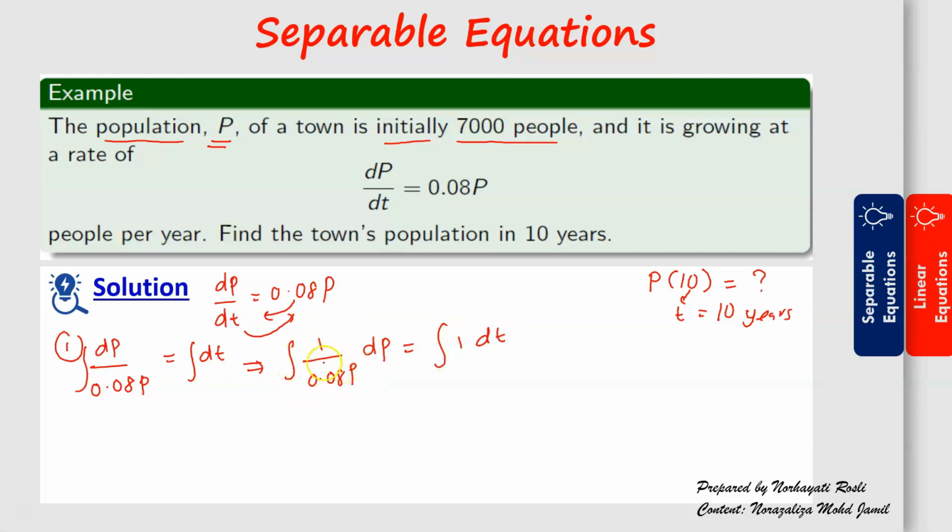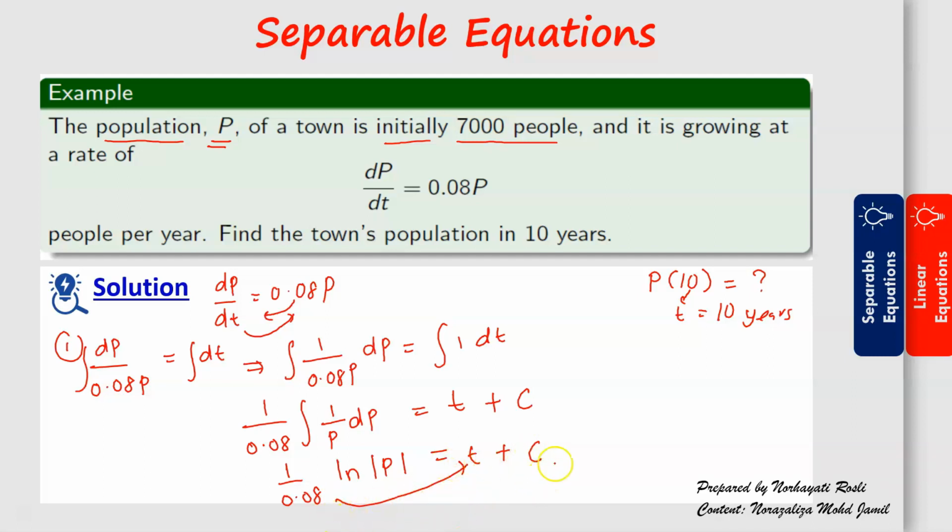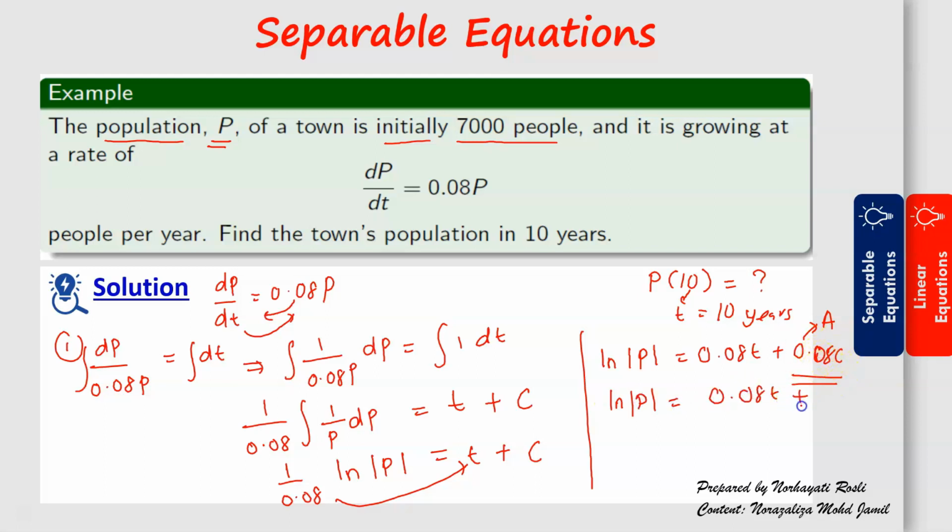Integrating this part, remember, we can write it as 1 over 0.08 integral of 1 over P dP equal to t plus C. Then we will have 1 over 0.08 ln P equal to t plus C. Then I can move this 0.08 to the other side, so I have ln P equal to 0.08 t plus 0.08 C. But this one I can just write as A, because it is just a constant. So ln P equals 0.08 t plus A.